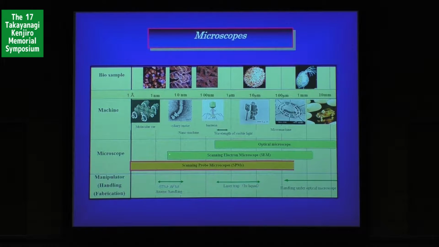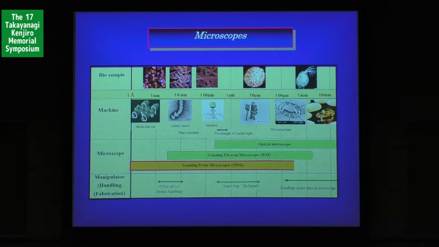With a scanning electron microscope, we can observe nanometers, but it requires vacuum conditions. Here I talk about scanning probe microscopes and their applications. You can use a scanning probe microscope not only in vacuum, but also in liquid, gas, and air, in various environments. So it is very convenient for applications in the engineering field.